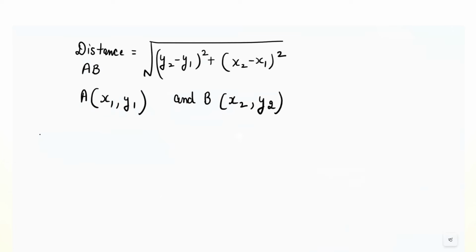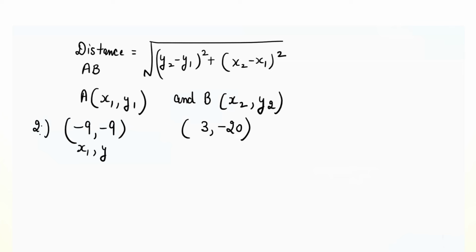Let's take another example where the points are (-9, -9) and (3, -20). We take the first point as (x1, y1) and the second point as (x2, y2). We substitute the values in the formula.